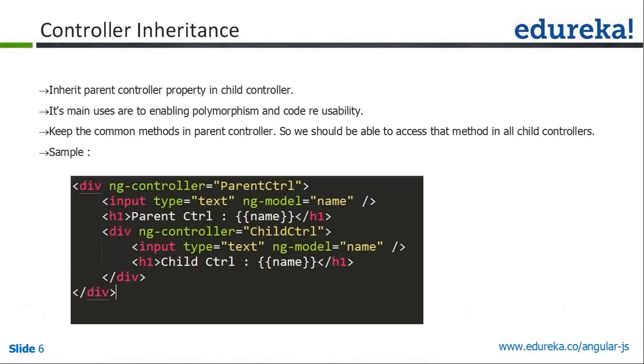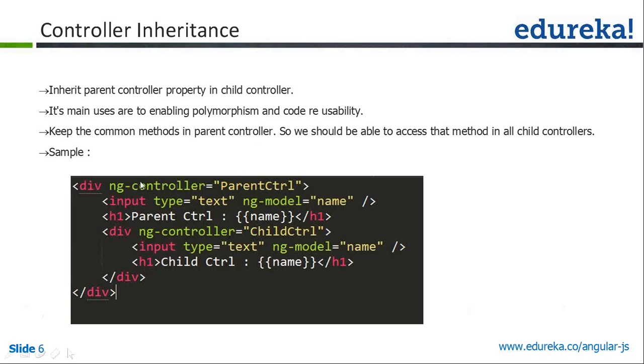If you want to access your parent variables and methods, we use inheritance in Java. So we inherit our parent class to the child. So in the child, you should be able to access all defined methods and variables inside your parent. In the same way, whatever scope variables and scope methods you defined in the controller, everything you should be able to access in your child controller.